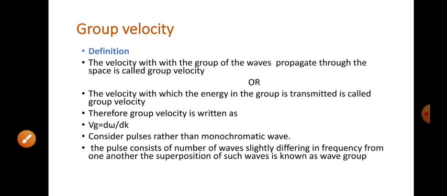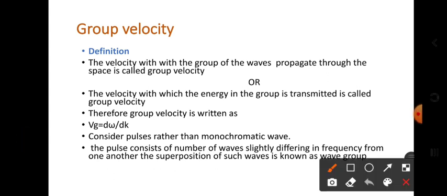And next, group velocity. For phase velocity we have taken a monochromatic wave. In group velocity we take a group of waves with different amplitudes, different frequencies, different wavelengths. Let me explain the definitions here.